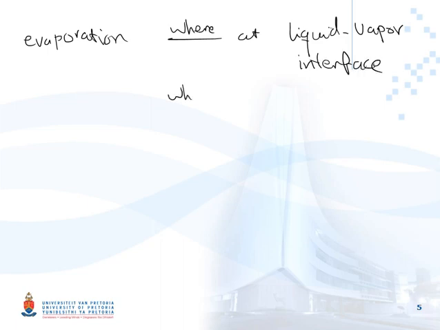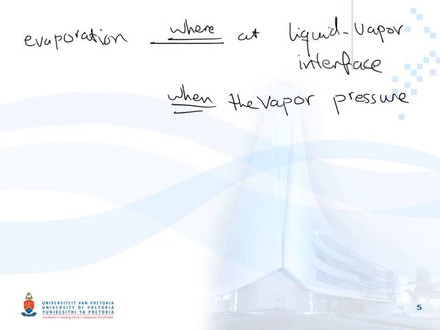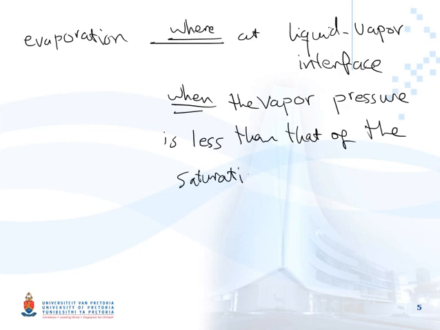When does it happen? When the vapor pressure is less than that of the saturation pressure of the liquid at a given temperature.